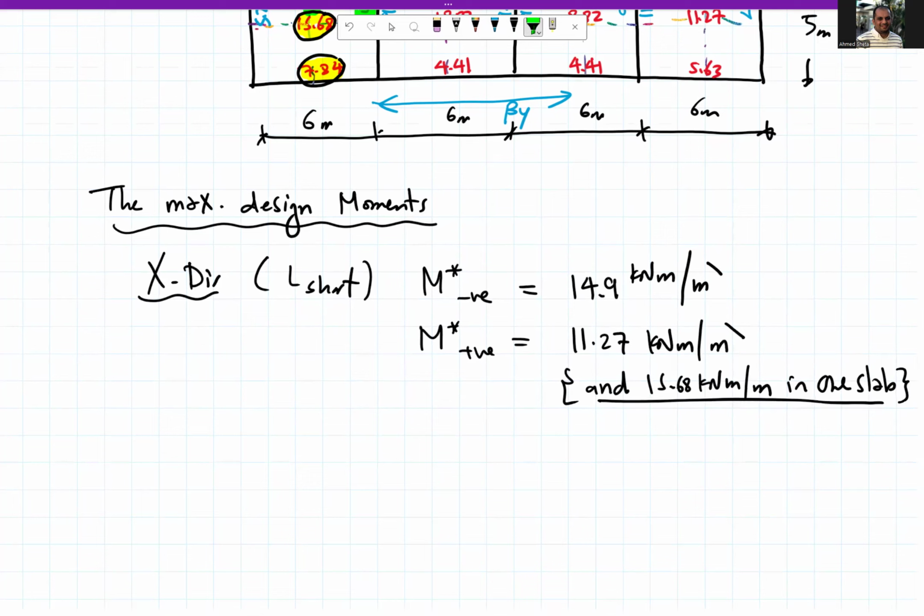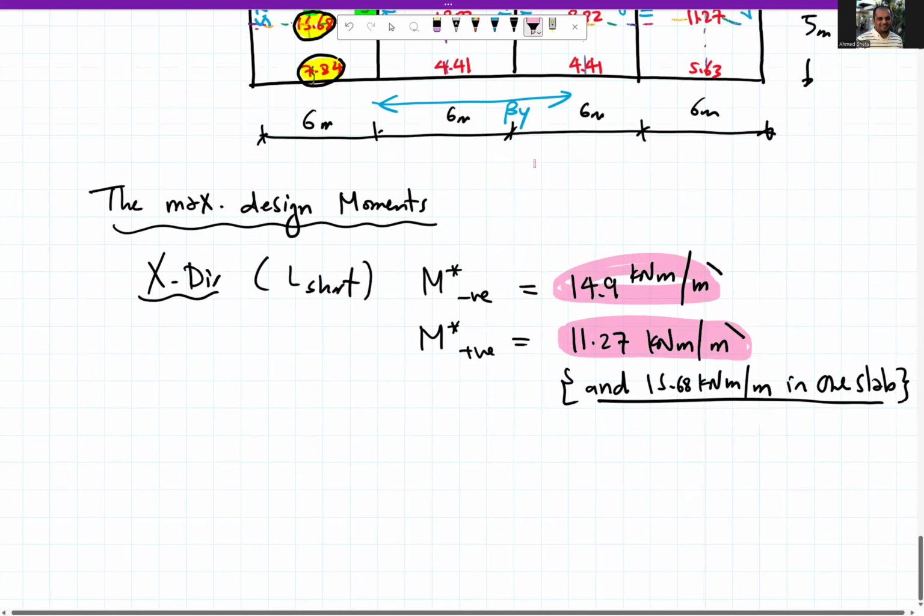So these are our maximum values for the X direction, the short direction.